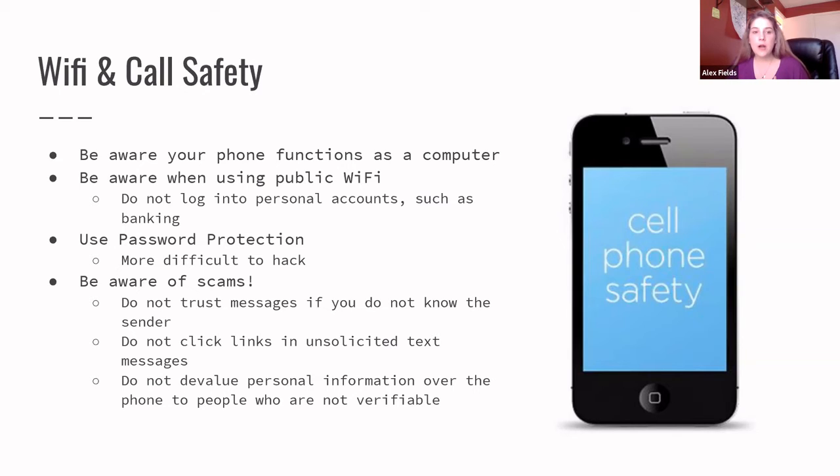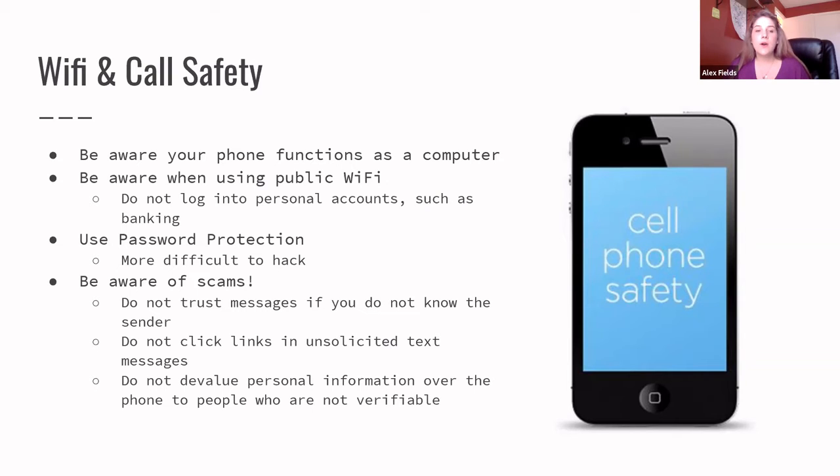So when you're using public Wi-Fi, again, you don't want to be logging into personal accounts such as your banking account because those public Wi-Fis are susceptible to hackers who can take your information. But they can only do so if they know the password. So you would have to physically log in using that public Wi-Fi.